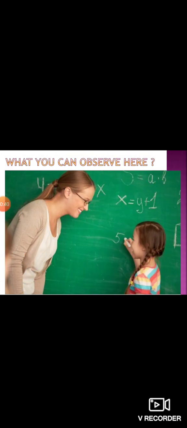So the example goes like this. What you can observe in this particular picture is one teacher and one small kid. The teacher is asking something and the kid is trying to answer.